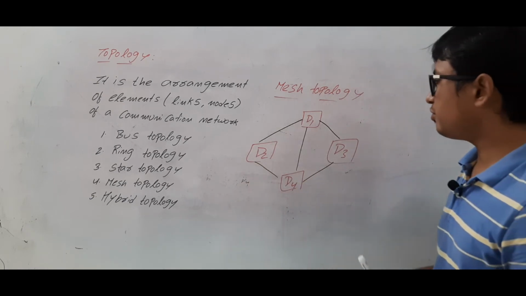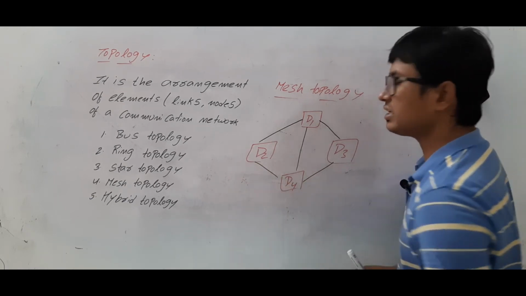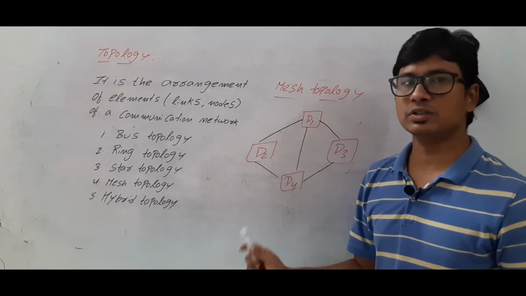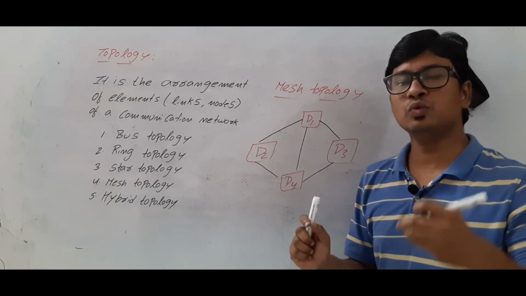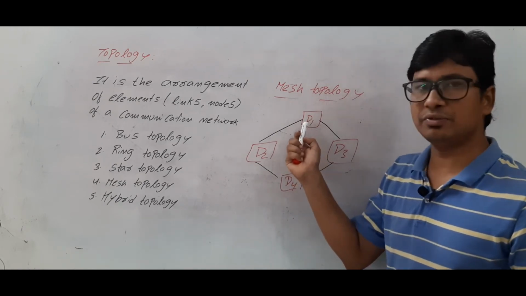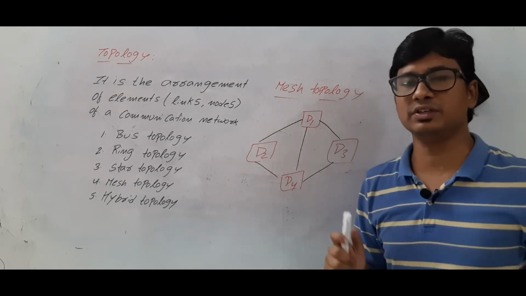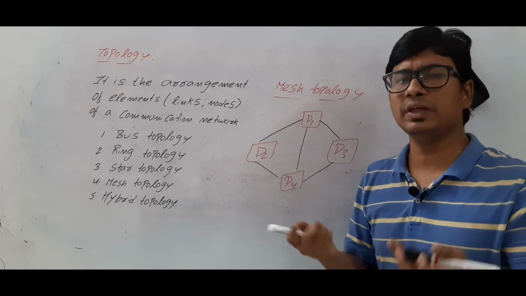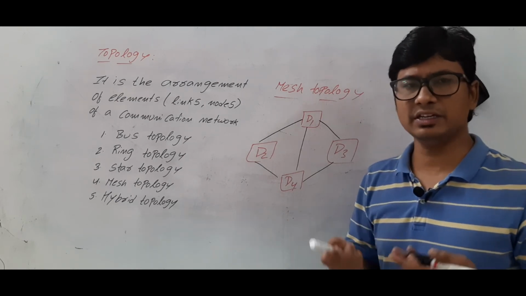Okay. So now if you see, what is happening? In the bus topology, ring topology, and star topology, there is only one communication link between devices. Suppose device 1 wants to communicate with device 2, there is only one link available. If that link has a problem, then the communication is damaged.